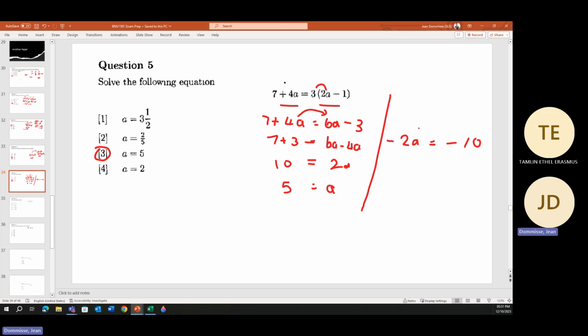Then it would have been, because you divide on both sides by minus 2, you will also get a is equal to 5. So it doesn't matter which side you take it. Just remember that when you are simplifying it, what you do with the sign will make a difference in the end. Luckily here, there wasn't a minus 5 or something like that as well.